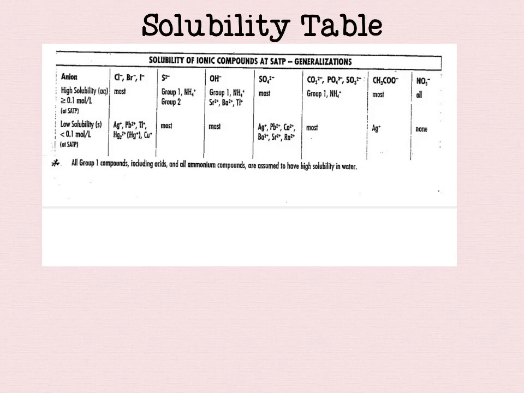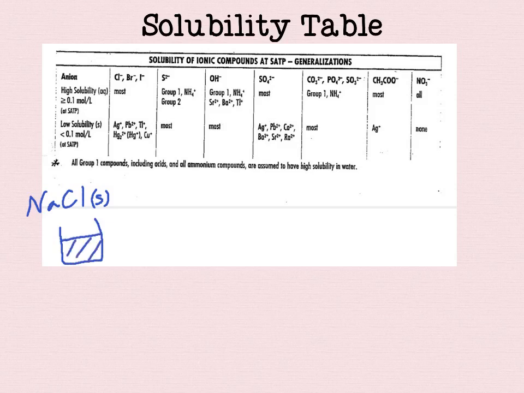Take, for example, the very common compound NaCl, and that's a solid, basic table salt, minus the iodine. And you take that table salt and you put that into a beaker that contains water.